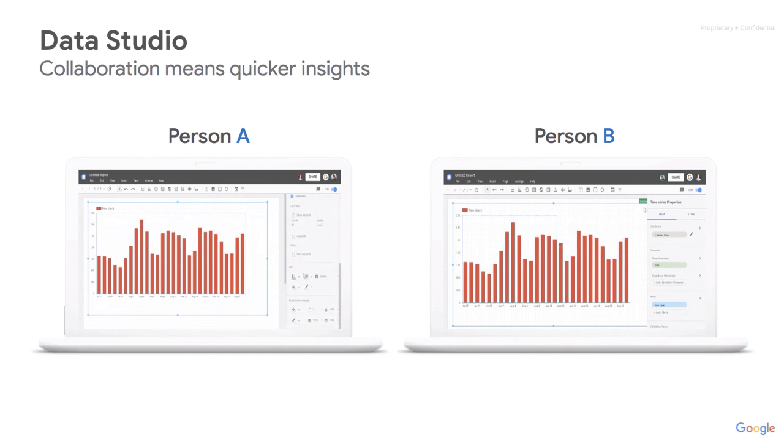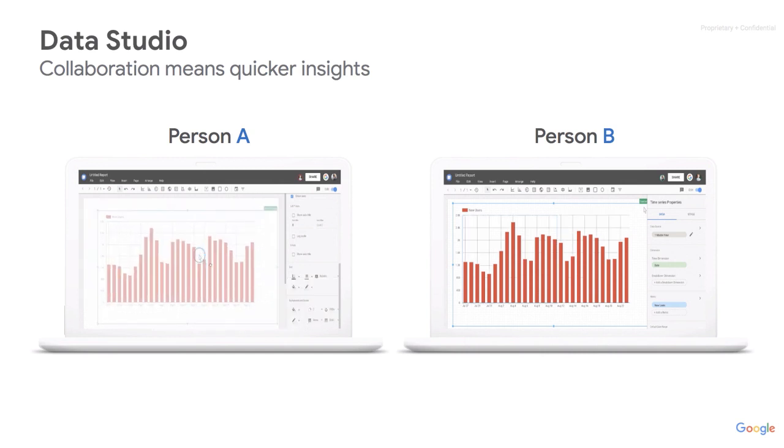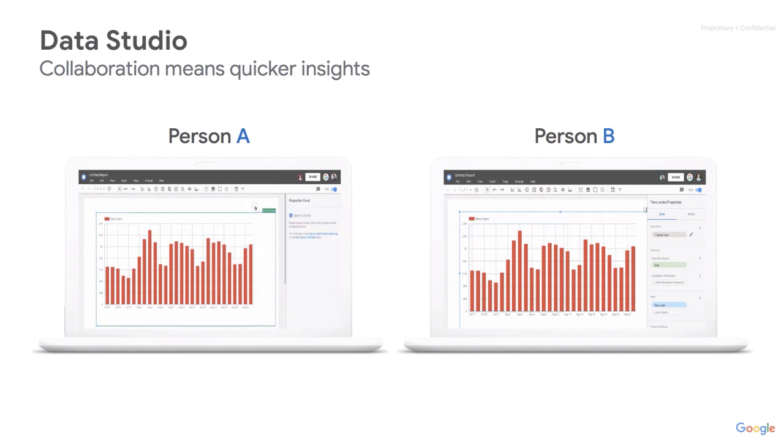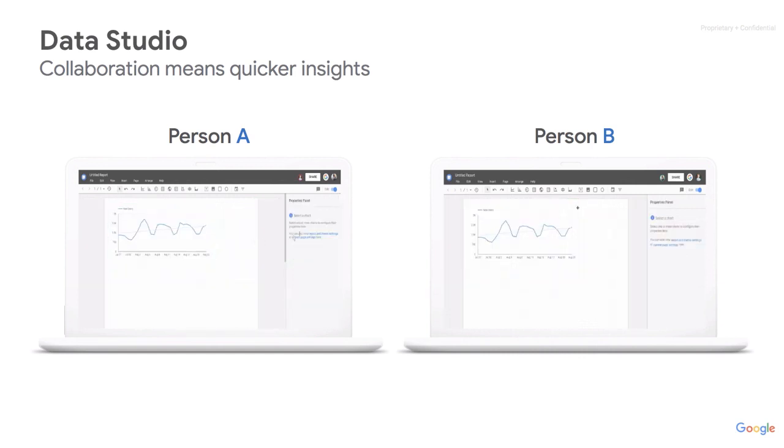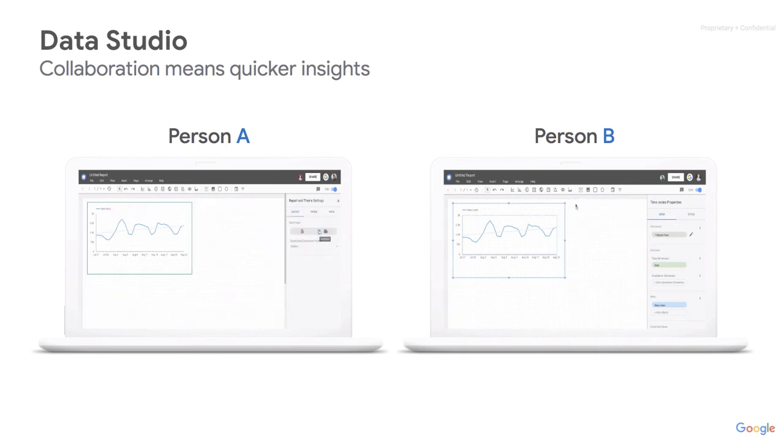So in real time you can see the editing of the chart. If you are on a call, for example, you can really agree on the modifications that you are making to your chart and define together what you need to achieve your goal.